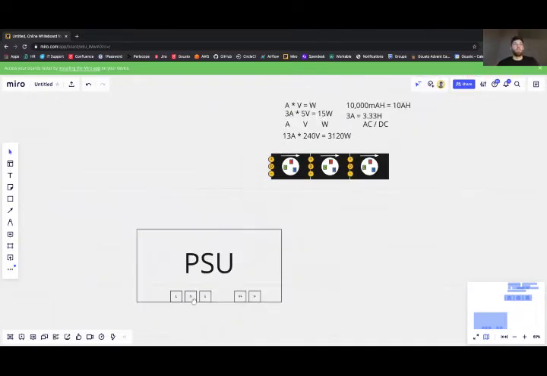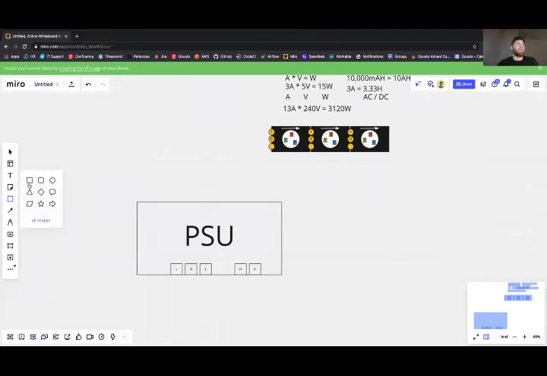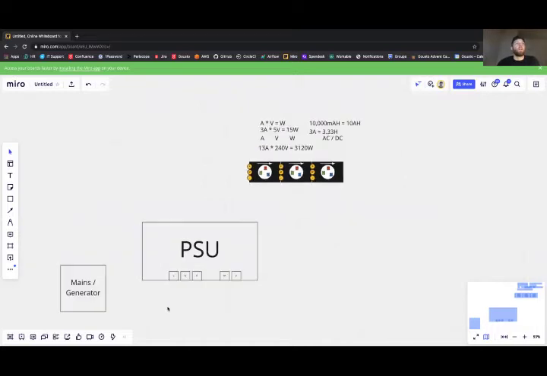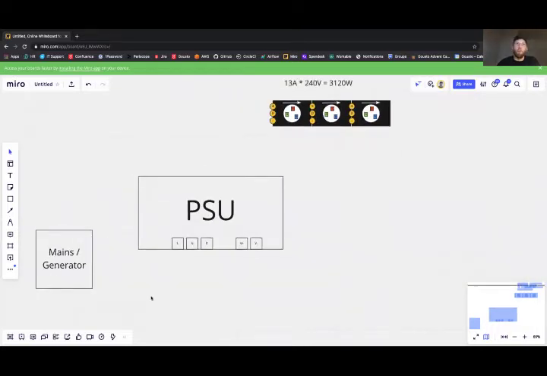Okay, so let's make another box, which is our mains generator. That's your plug. Okay, so now we want to wire this thing up right.